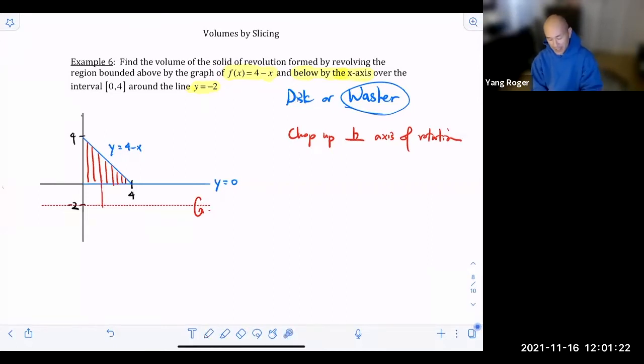Why? Because it's bounded from below by the x-axis, so this region can't drop below the x-axis. So the picture definitely looks like that. Does that make sense? Terry, can you see how this is a washer and not a disc? Because there's going to be a giant hole here. Okay, perfect. Good.